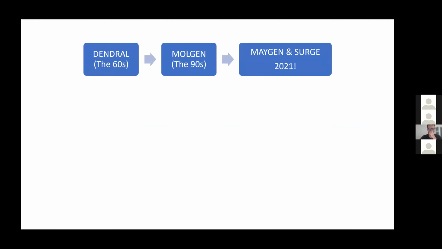So the whole story: Dendral, when I read the literature, for me, there was a vicious circle. In Dendral, there was a peak in the 60s, we had this generator, and then it was not well maintained. And then we had one in the 90s, but commercial, again commercial or closed source, or we don't have the code, or not maintained.